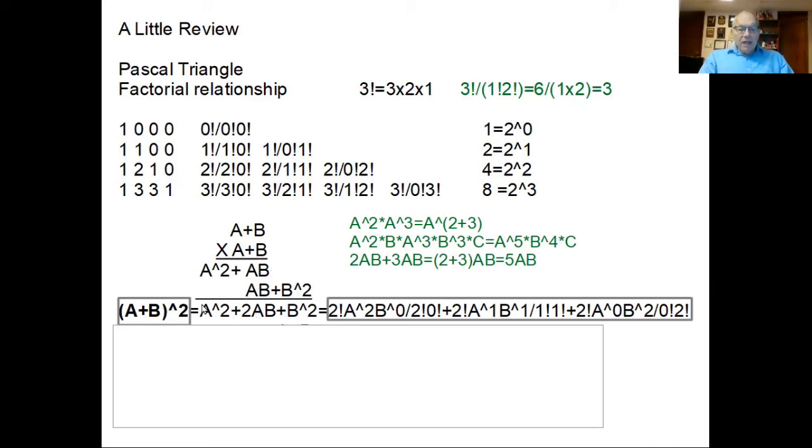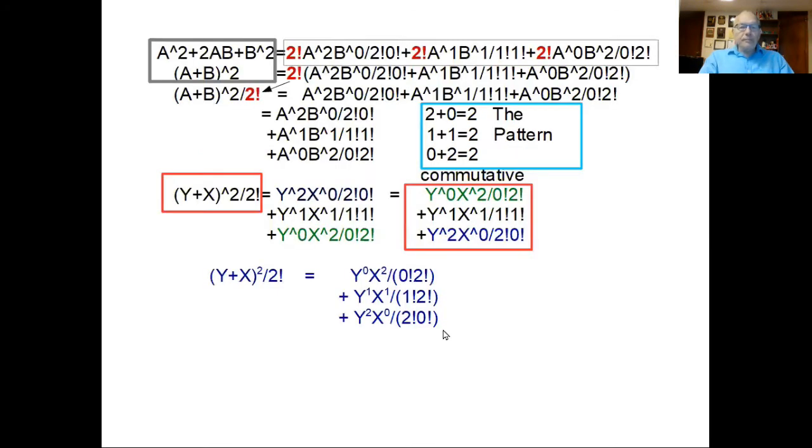I then notice that I have a coefficient of 1, 2, 1, which is the same as the Pascal triangle. I then replace each of those numbers by the equivalent factorial. Then I factor the 2 factorial out, which is common to all the terms in the result.